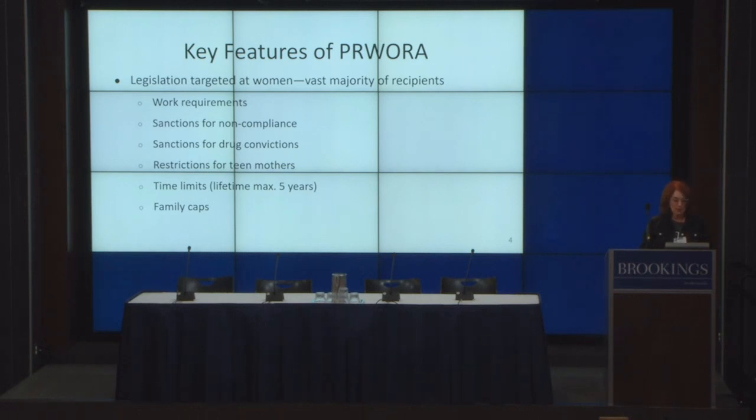Work requirements, sanctions for non-compliance, meaning if you didn't try to work, sanctions if you had a drug conviction, restrictions for teen mothers: if you were underage and you had a child, in order to receive welfare for yourself and your child, you had to stay with either a parent or another responsible adult and stay in school. Time limits of up to 5 years according to the federal legislation, but it could be fewer years in individual states. And family caps, meaning if you had another child while you were on welfare, you didn't get any extra money.